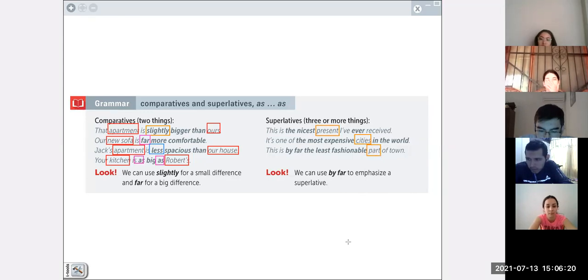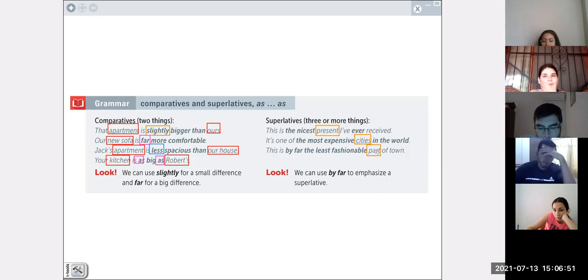Okay. So, as you can see in these examples, we are comparing this present with all the other presents I've received. Okay, estoy comparando este regalo con todos los regalos que he recibido. In the next one, I am comparing this city with the rest of the cities in the world. And I am comparing this part with the rest of the parts in this town. ¿Ok?